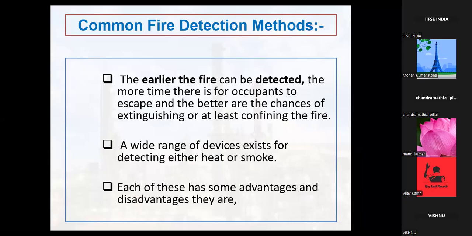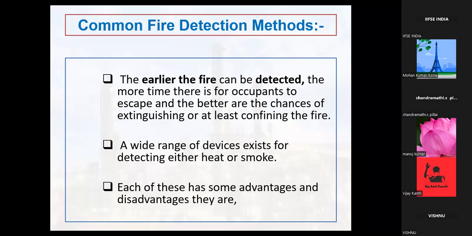Yes. So now coming to the common fire detection methods. The earlier the fire can be detected, the more time there is for the occupants to escape, and the better the chances of extinguishing or at least confining the fire. This is very true.